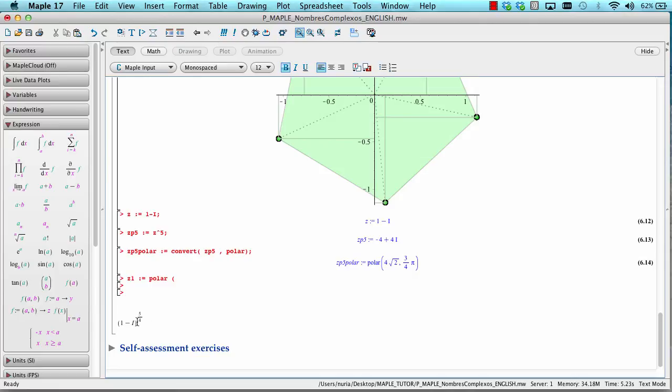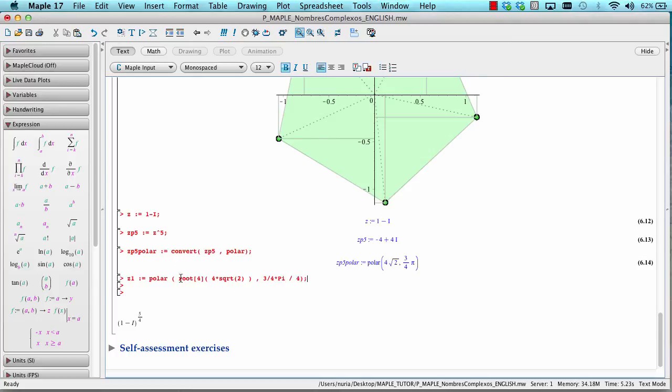Since we are computing fourth order roots, we will use the root of order 4 of the initial magnitude, comma, and the first argument divided by 4.